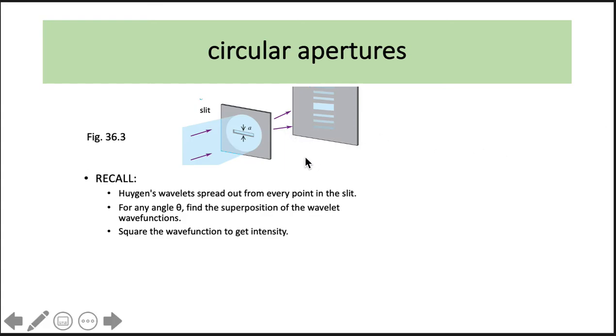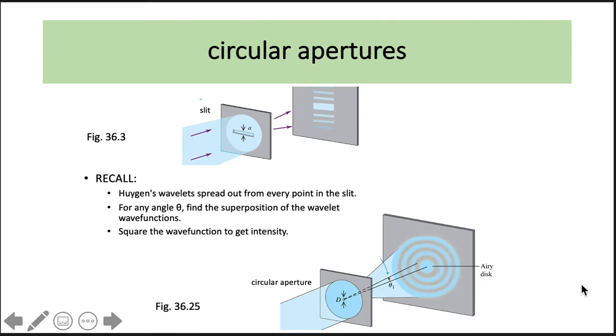You could do a similar thing for a circular opening. Then we call it an aperture instead of a slit. So a circular aperture of diameter d. This figure 25 in this same chapter shows a screen that's opaque except for a small circular aperture of diameter d.